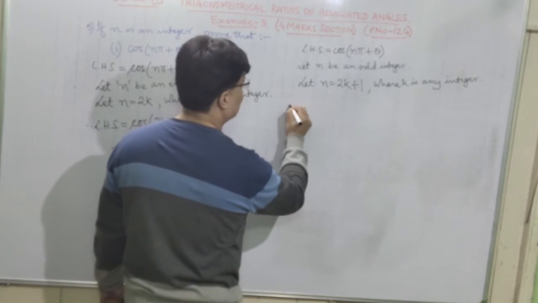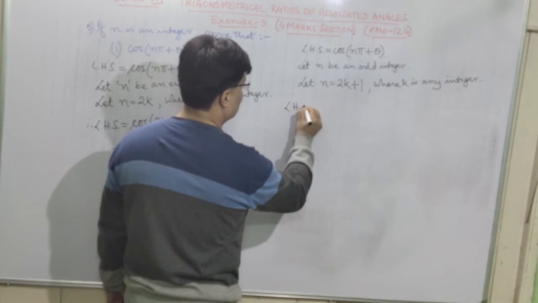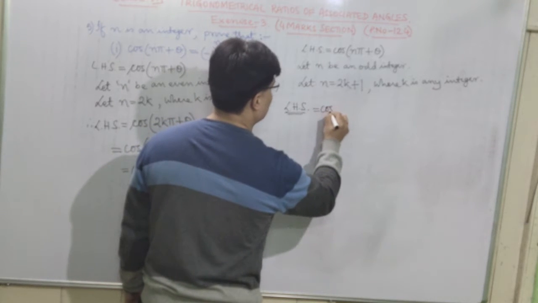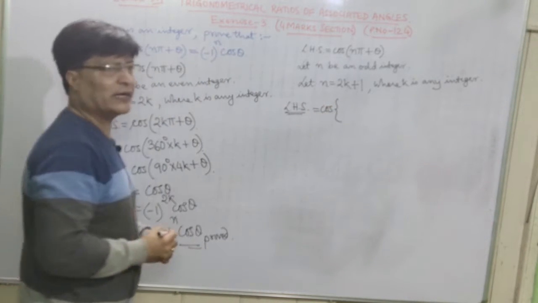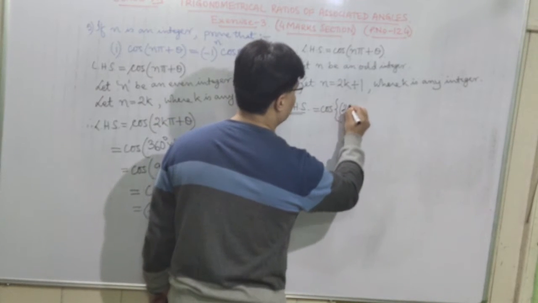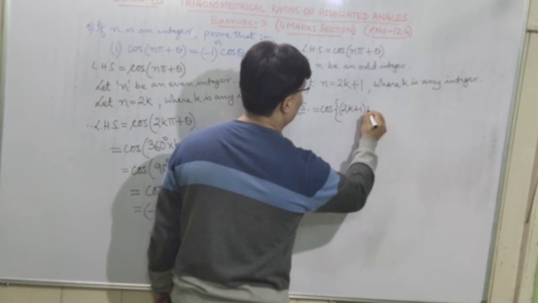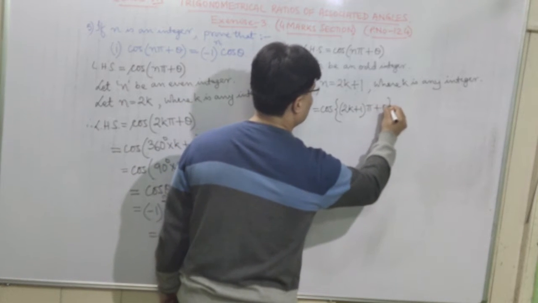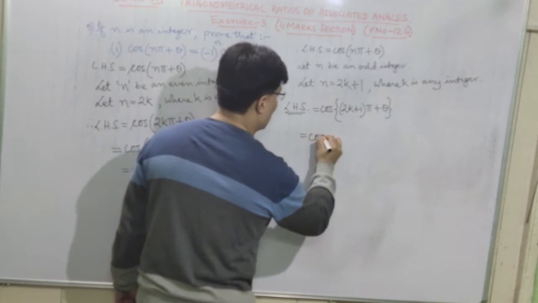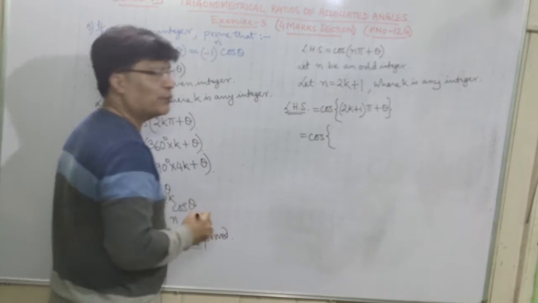So let us write down left hand side now. So it is LHS is equal to cos. Now within second bracket, let us put the value for n. What is n here? It is 2k plus 1 into pi plus theta. Okay, so which is equal to cos within second bracket.